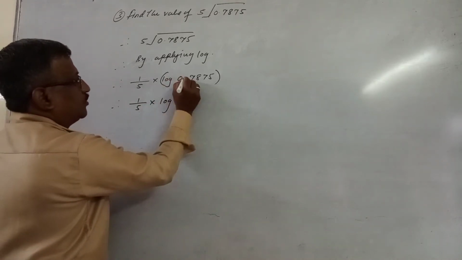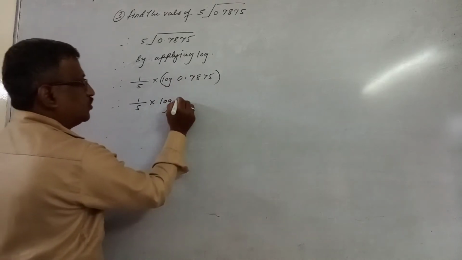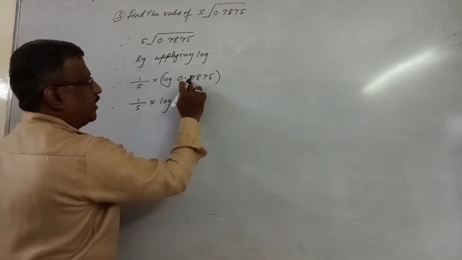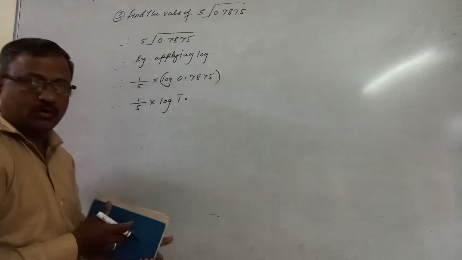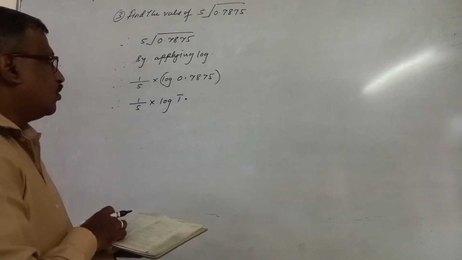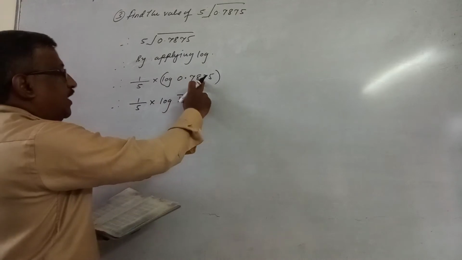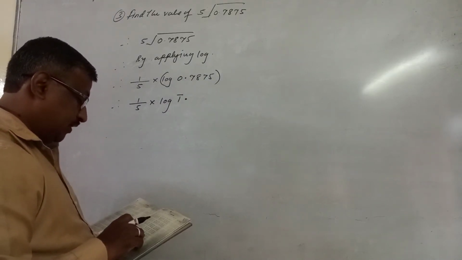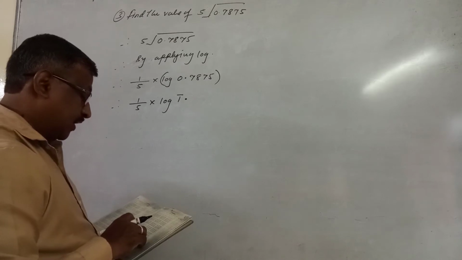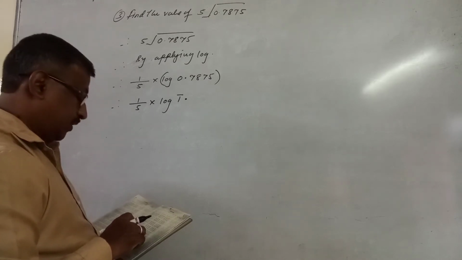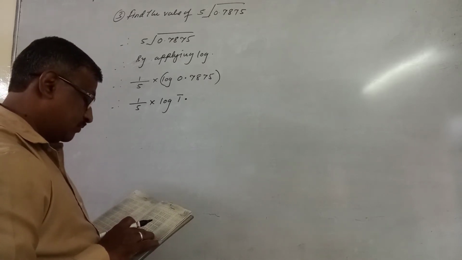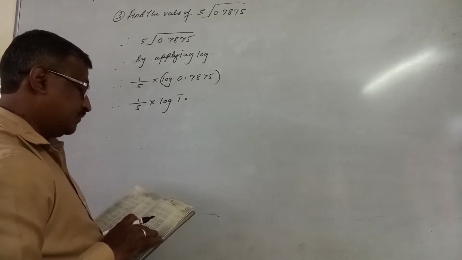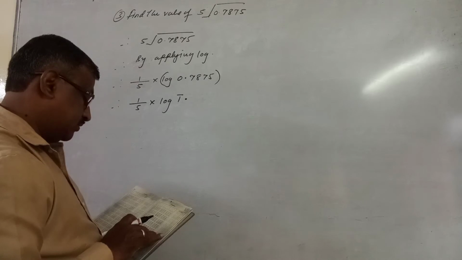First write the characteristic of this number. The characteristic of this number will be bar 1, place the decimal point, and then go for the log. In the log table you have to see 78, 7th column. So 78, 7th column, you will get 8960, and in the mean difference, fifth column, you will get 3.